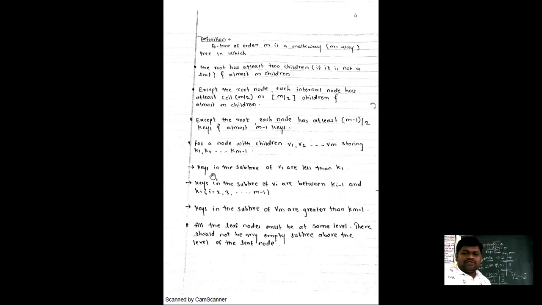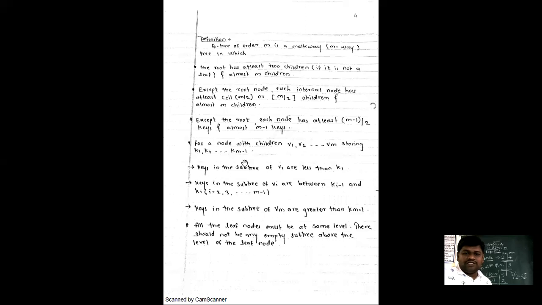Now, keys in a subtree of V1 are less than K1. Here for the node, children V1, V2 up to Vm are storing the key values K1, K2 up to K of M minus 1. So K is the key values and V is the children we have considered.